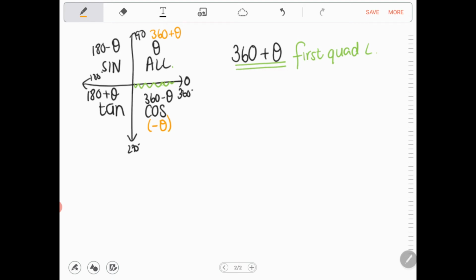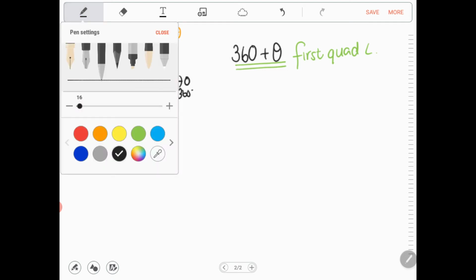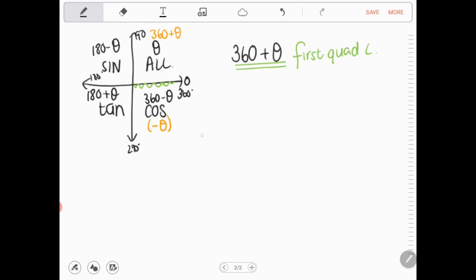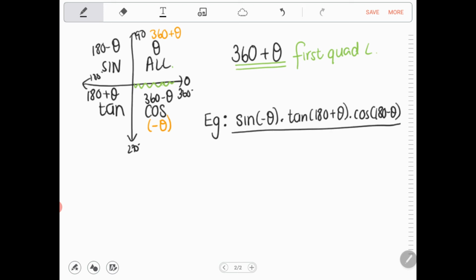So if we wanted to try and just do an example that needed simplifying, remember we always start by asking which quadrant are we working in. So where is the terminal arm of the angle that I'm looking at?